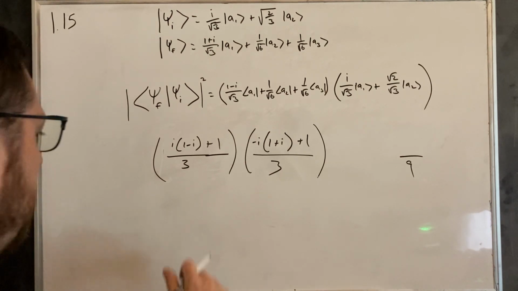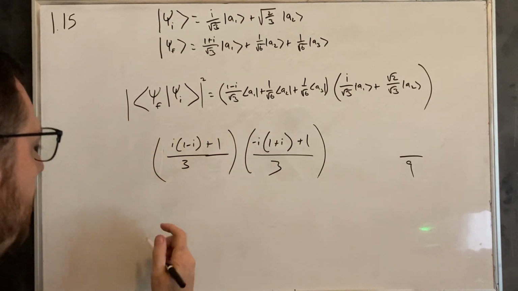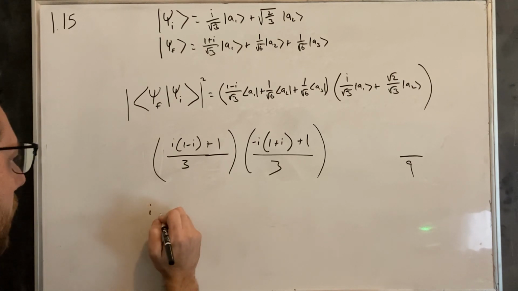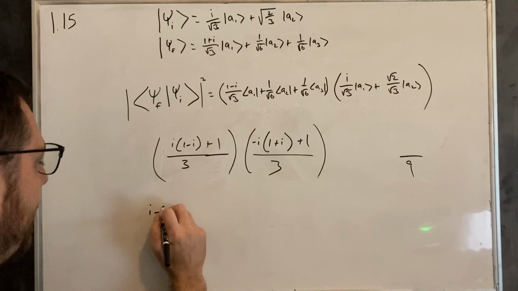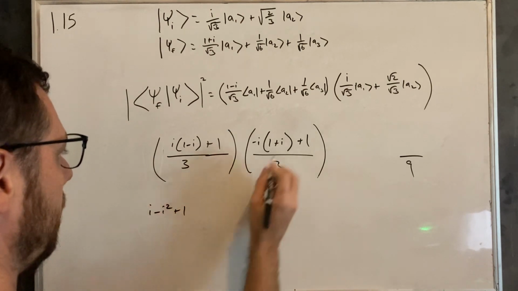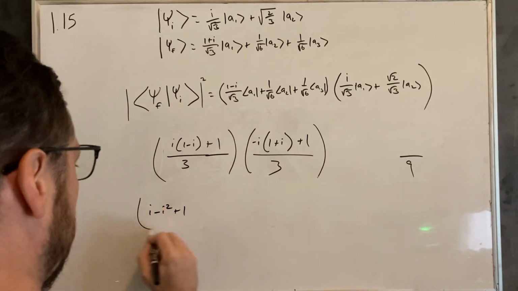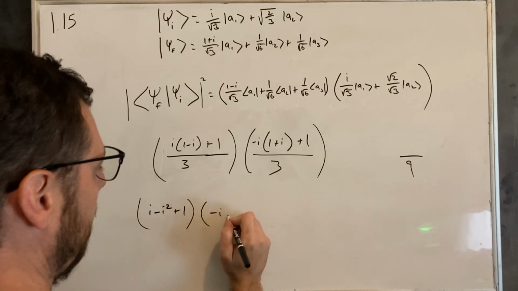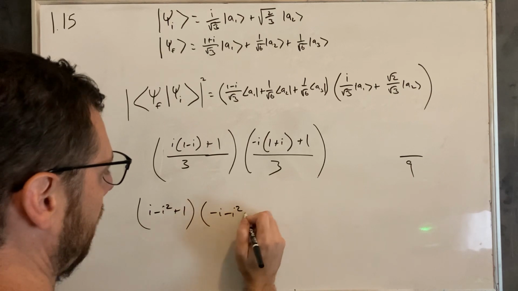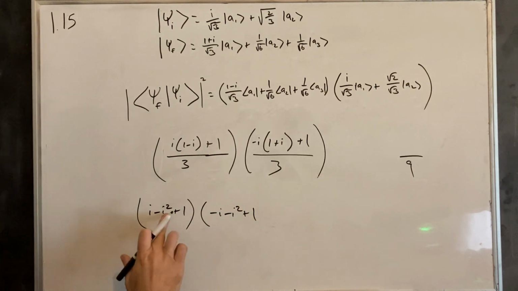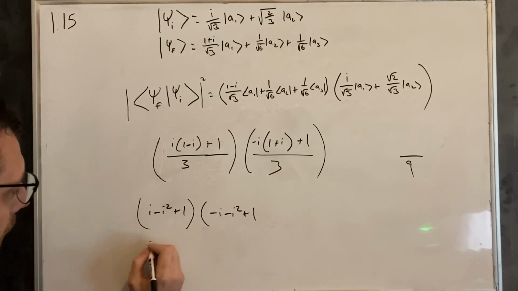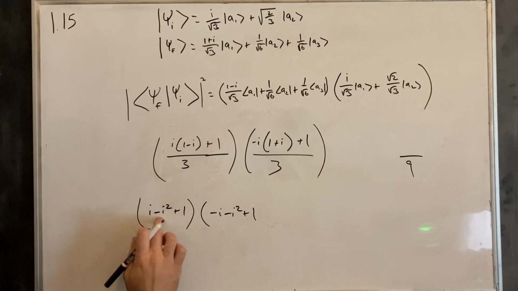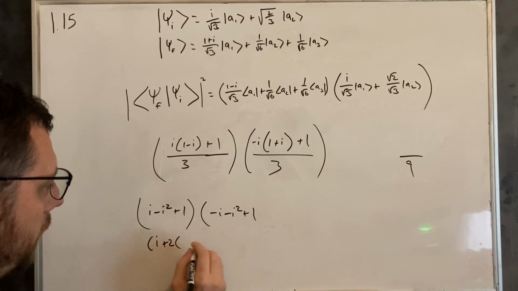The numerator here, let's go ahead and multiply out these i's. So we're going to have i minus i squared plus 1 over there, and negative i minus i squared plus 1 over here. Negative i squared is positive 1, so we have i plus 1 is plus 2.